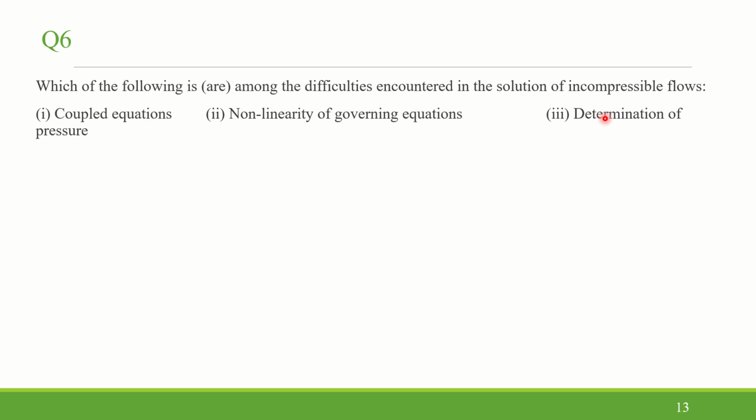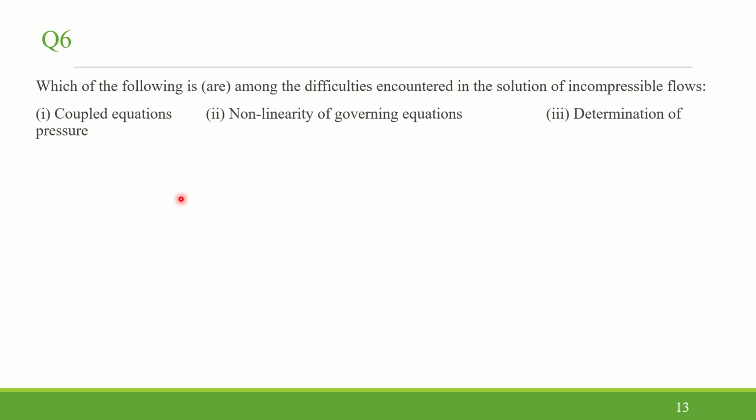So determination of pressure is again a difficulty when we are talking about incompressible flow systems. So coupled equation, non-linearity of governing equation and determination of pressure, all three of them are difficulties encountered in the solution of incompressible flows.